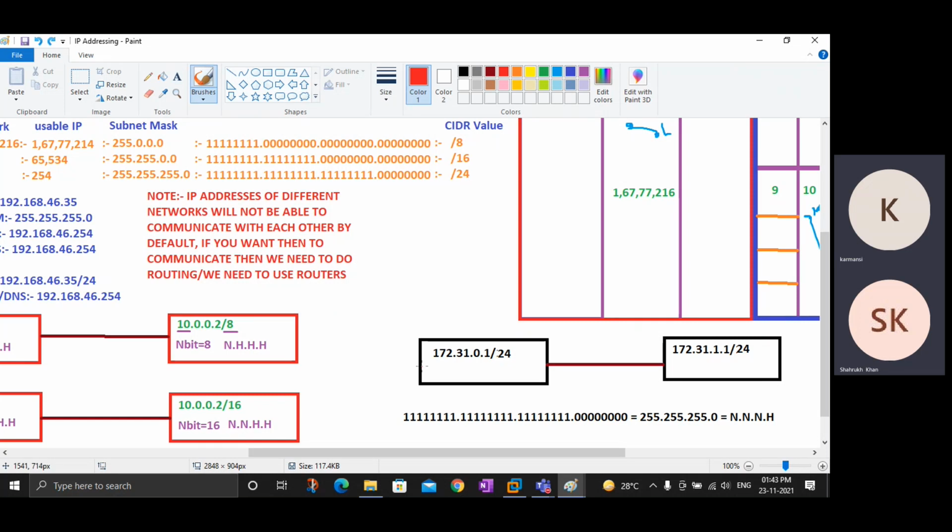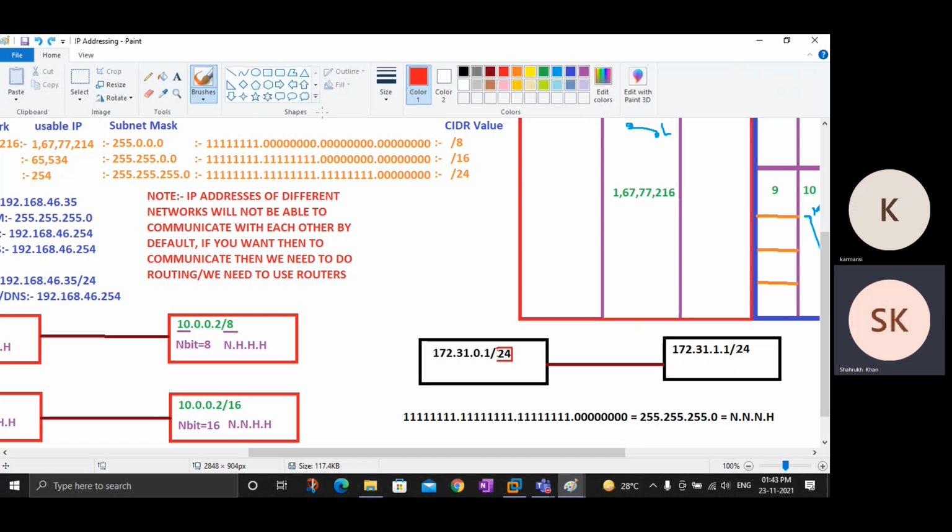So you're saying that an IPv4 address has 32 bits, and the value is only 24. So the remaining are the host bits, which is 8. Out of 32 bits, it is telling us that the starting 24 bits are of network. So the remaining 8 bits will be of host.